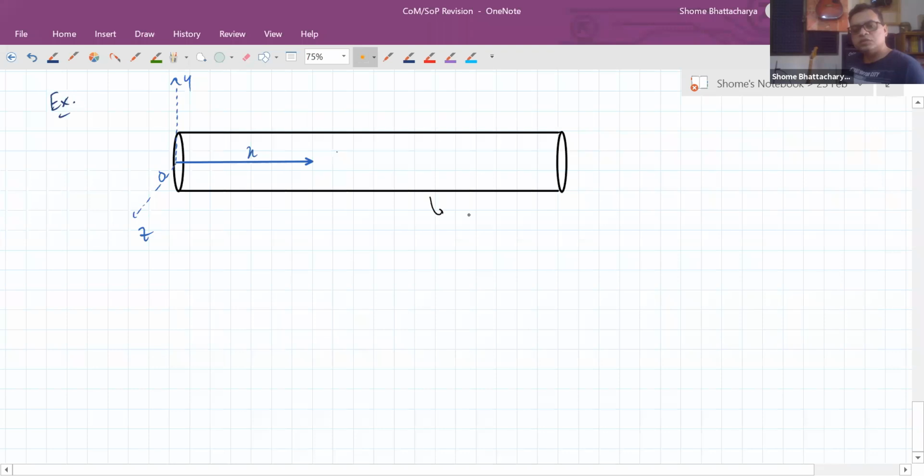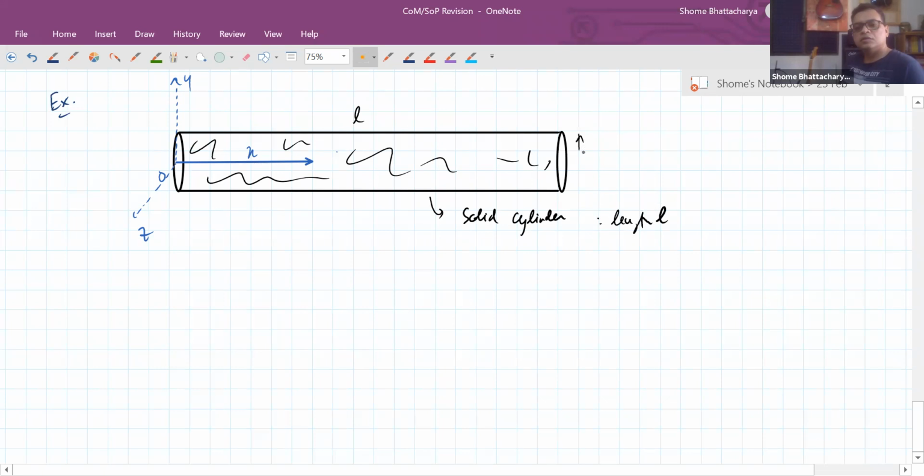So this is a solid cylinder of length L and radius R, but it is made of what we call anisotropic material.